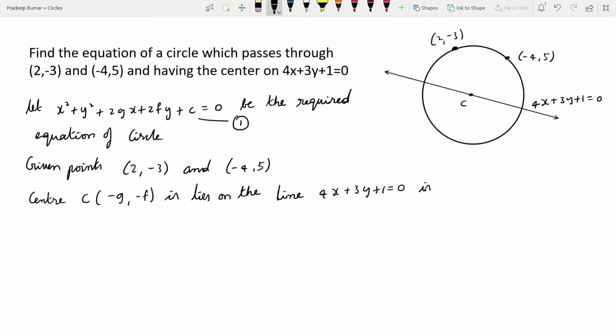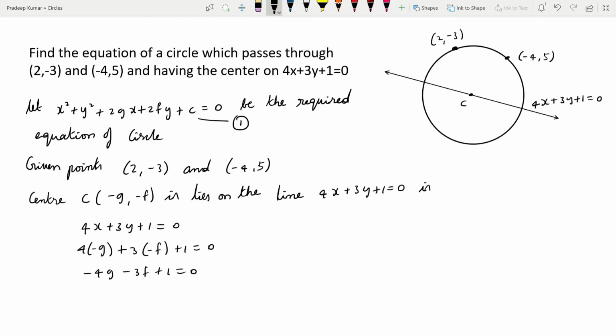So I'll substitute these -g, -f in this particular equation. In the place of x, I'll write -g, and in the place of y, I'll write -f. So 4x + 3y + 1 = 0 becomes -4g - 3f + 1 = 0.